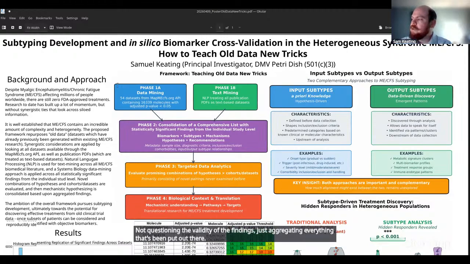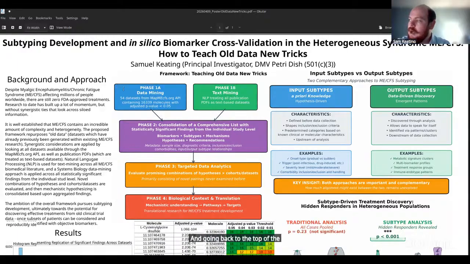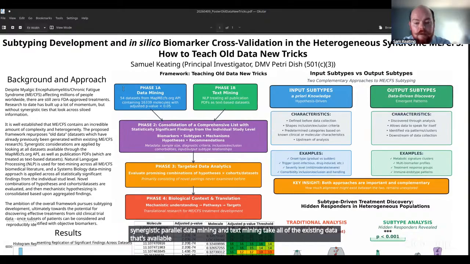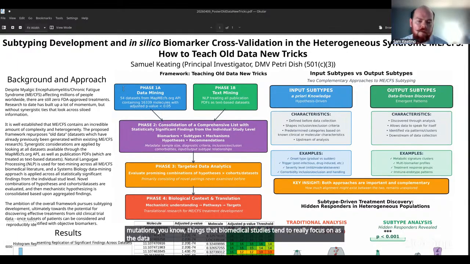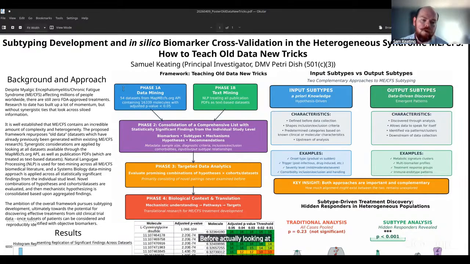And going back to the top of the flowchart here, synergistic, parallel data mining and text mining take all of the existing data that's available from biodata like metabolomics, proteomics, metabolites, mutations, things that biomedical studies tend to really focus on as the data before actually looking at the metadata that's important for data science and database management and computational analyses.